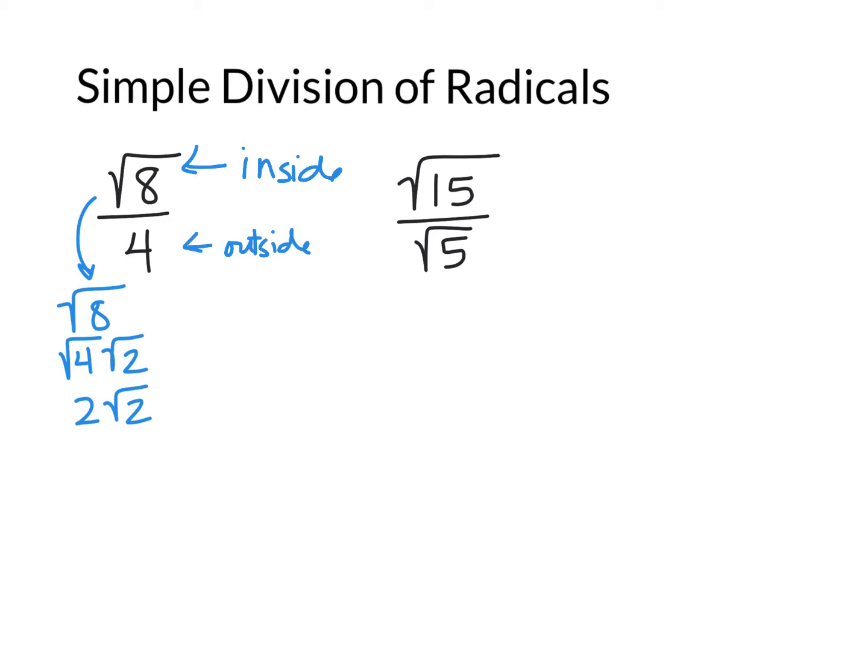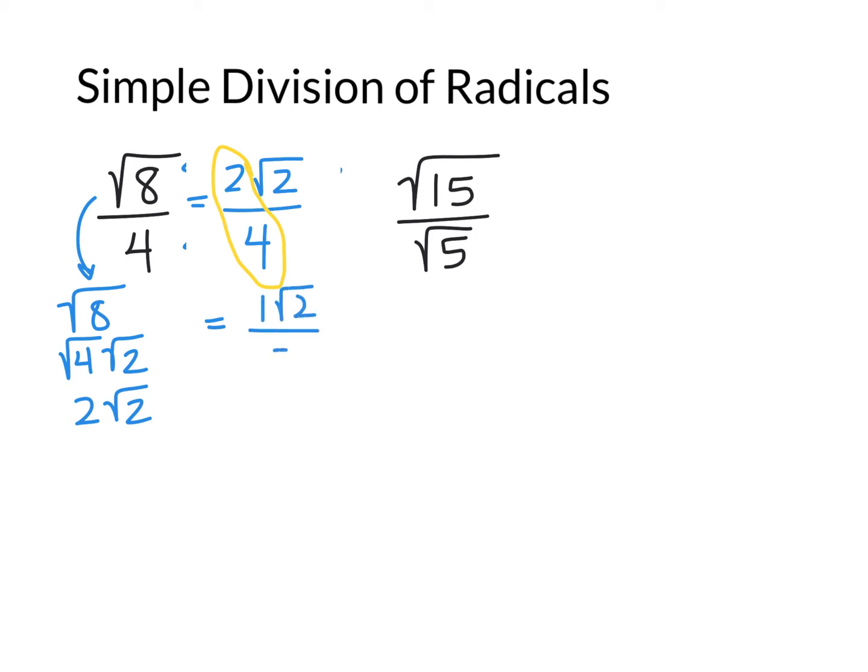So when I put this all back together, 8 square root 4 is going to be equal to 2 square root 2 over 4. Now I have two outside numbers, so I can actually simplify those. What does 2 over 4 simplify to? You should come up with 1 over 2. So this is now 1 square root 2 over 2, and that's going to be your final answer.